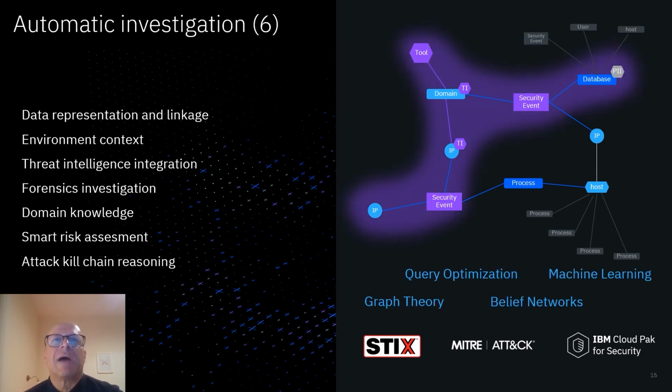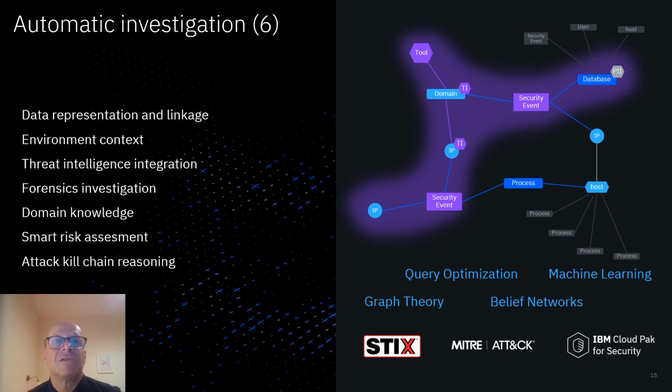Another major aspect of our investigation algorithm is the ability to do attack kill chain reasoning and classification. Our goal is to reveal a meaningful attack story which contains the impact of the attack, the initial compromise, and any lateral movements that were involved and evidences that we can collect. This is a difficult problem, and we do this using techniques from machine learning, graph theory, database optimization, and other techniques.